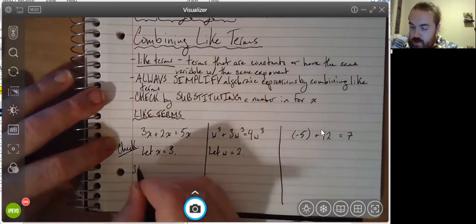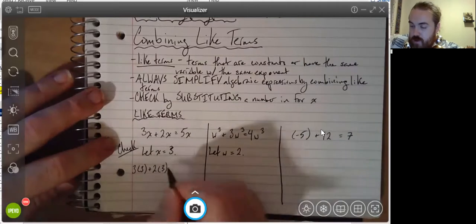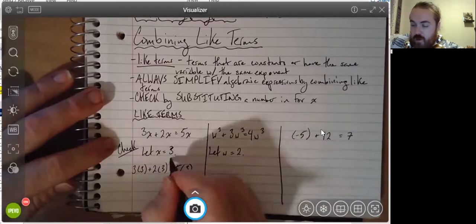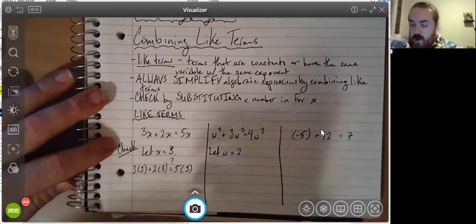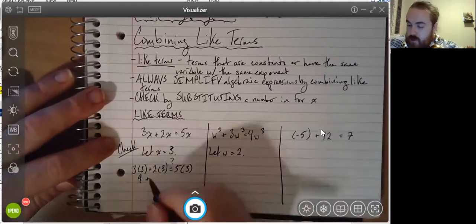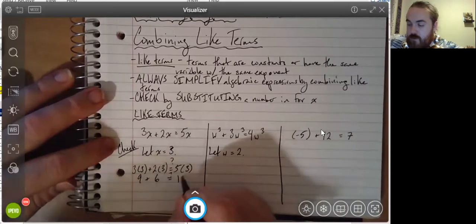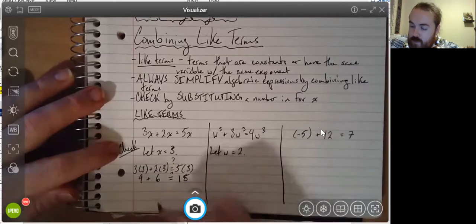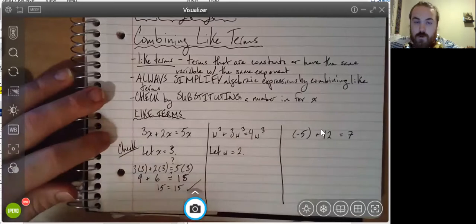That means 3 times 3 plus 2 times 3 equals 5 times 3. Well, we're checking that, so it's a big question mark. 3 times 3 is 9. 2 times 3 is 6. 5 times 3 is 15. Now 9 plus 6 is 15. And we know 15 equals 15. So check. That one does work.